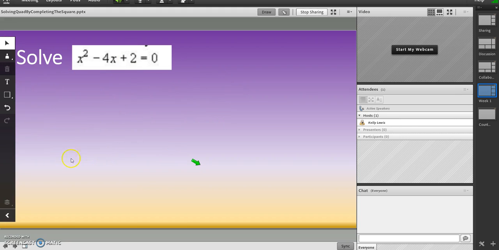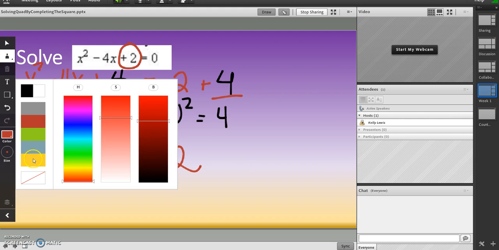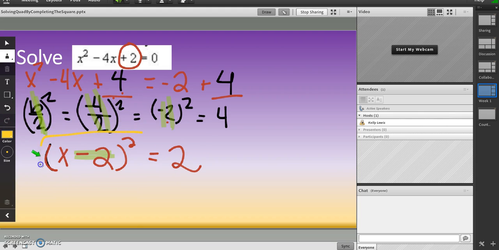This is right here. Alright, now we have a square. When you take the square root, we get x minus 2 equals plus or minus the square root of 2. Square root of 2 is not a perfect square, so we're just going to leave him alone.